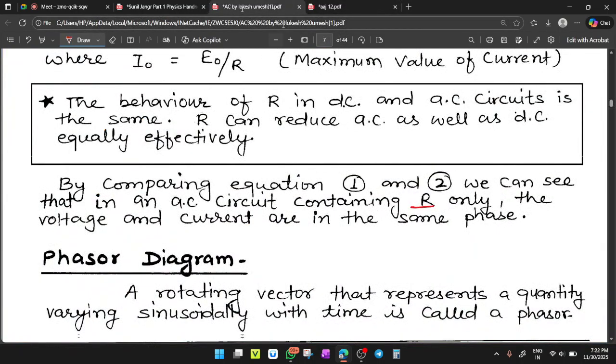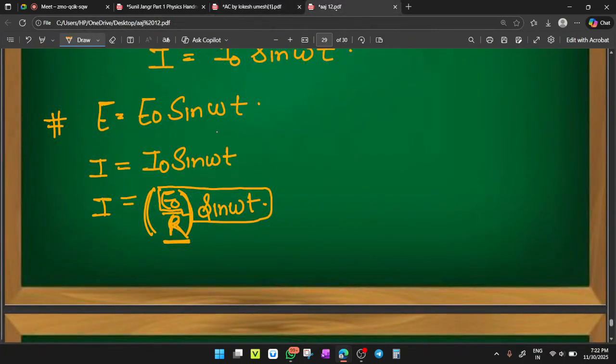But check here. The EMF follows the curve of sin omega t, and the current follows the curve I naught sin omega t.